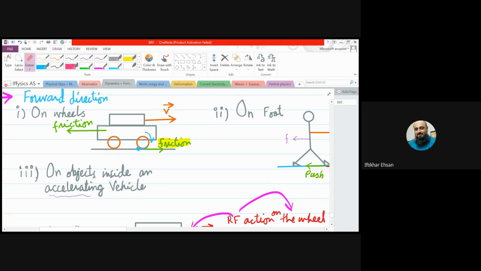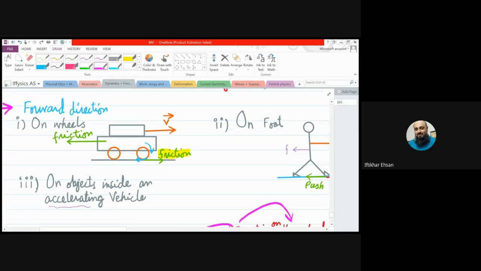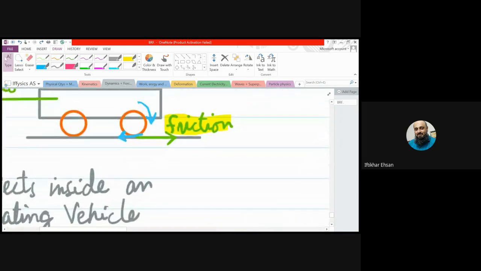And the wheels, if you consider now, will be turning like that. So when the wheels are in contact with the ground, the wheel is turning clockwise, backward. So we are considering only this part.